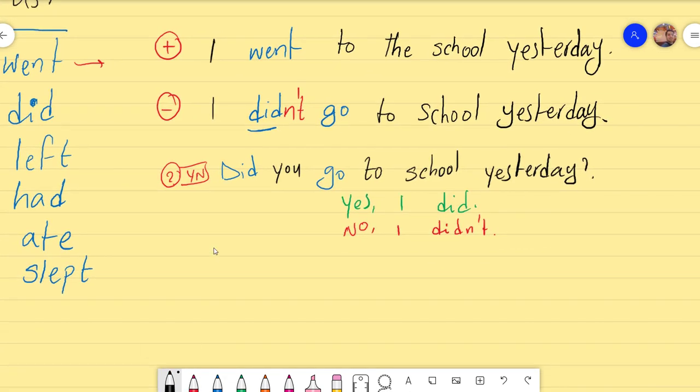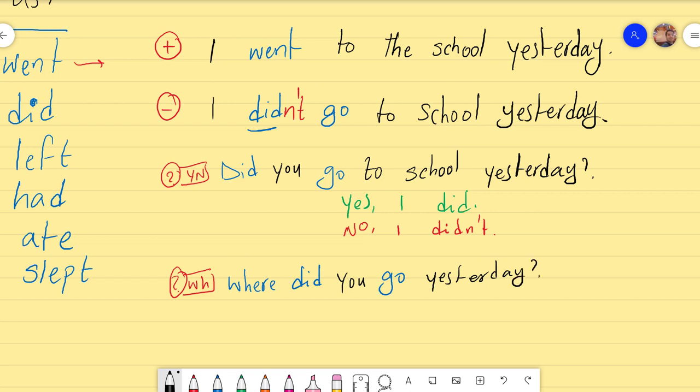WH question. Where did you go? Where did you go yesterday? I went to school yesterday. We can make sentences with all of these.